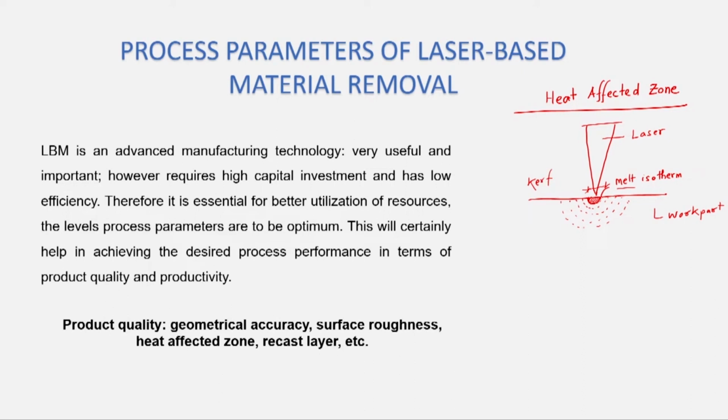But the temperature at this point is much above room temperature, at the melt point temperature. Still there is conduction of heat inside the work material, and due to the increase in temperature inside the work material, there is degradation of the material properties.